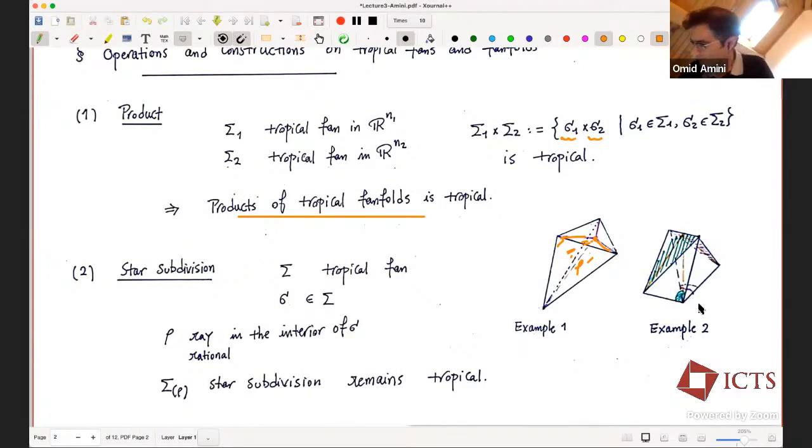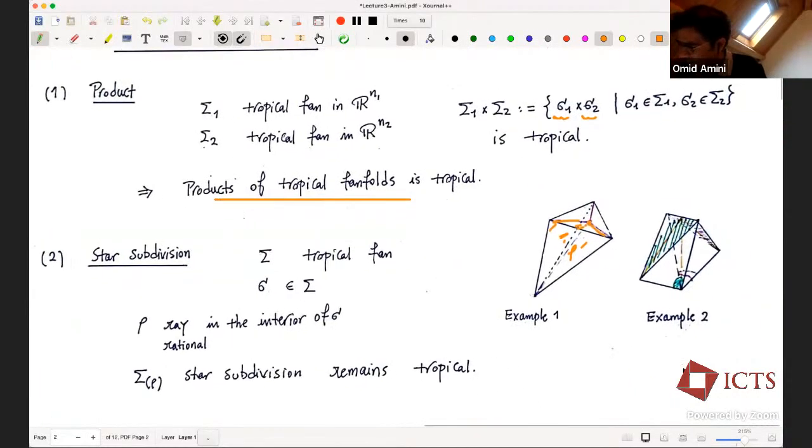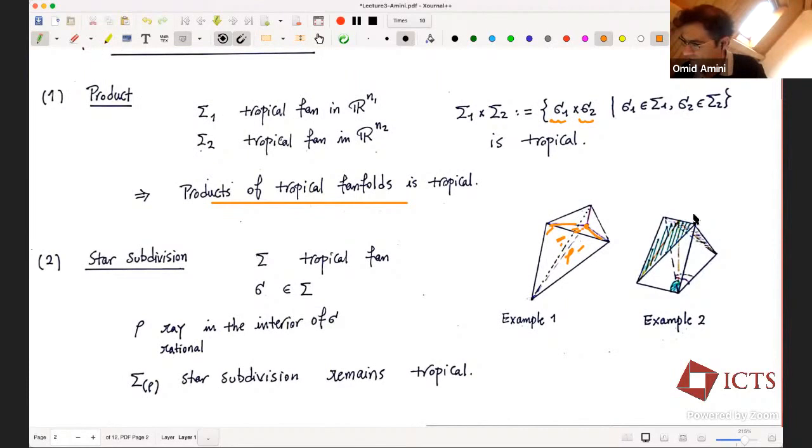In the example 2, maybe I can zoom a little bit. In the second example, again we are in dimension 3, but we are subdividing a two-dimensional cone. So the two-dimensional cone is this one, which I'm just showing, which is the common face of the three-dimensional cones that you see here.